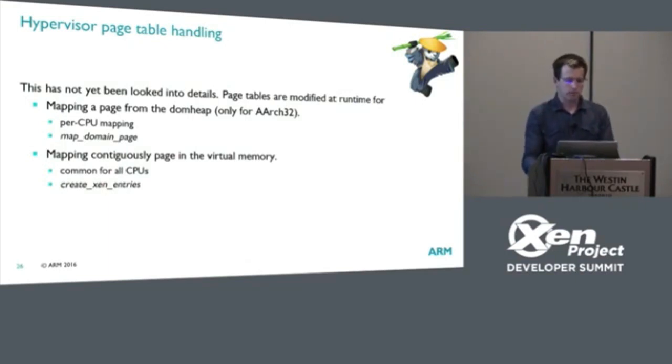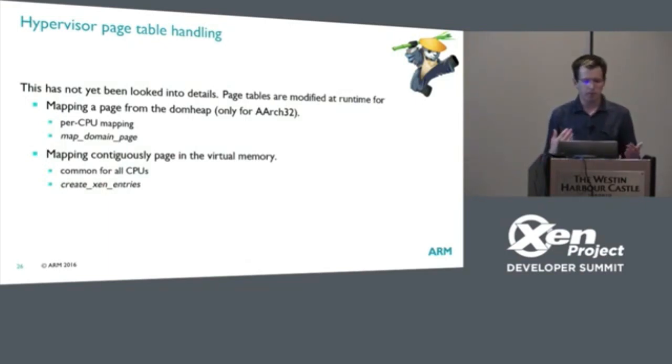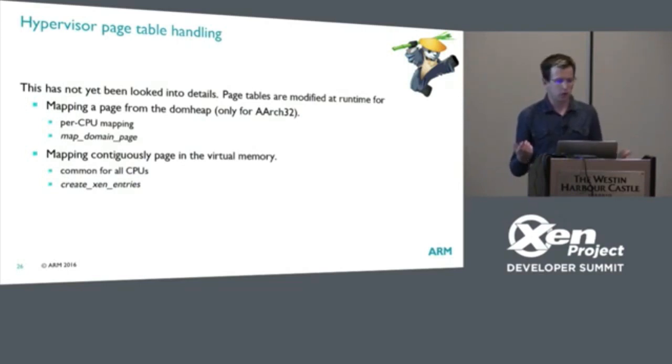As I mentioned, some mappings in Xen are common between each CPU. Some other mappings are not common, like the DOM heap. There are a few places where the mapping is done at the beginning of Xen, at the boot of Xen, and is not modified, like the Xen text, which is mapped once and not modified at all.